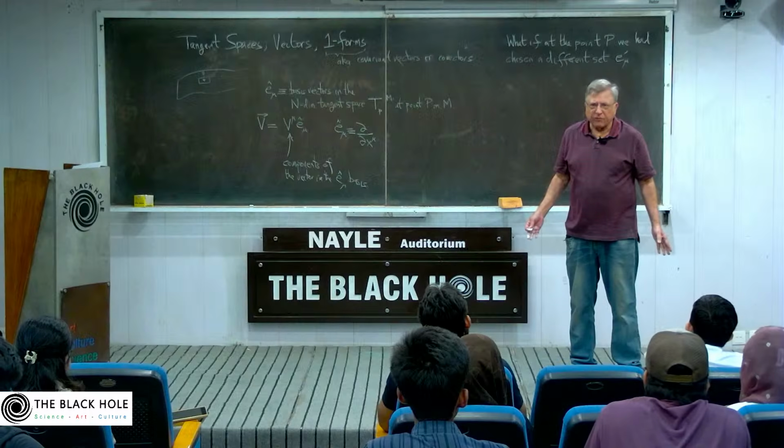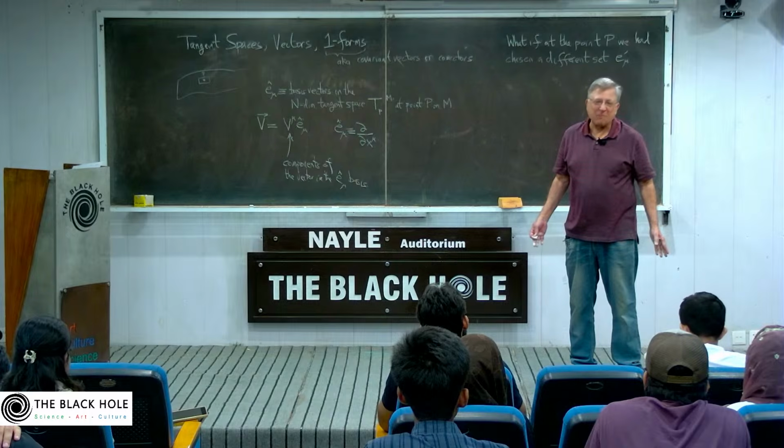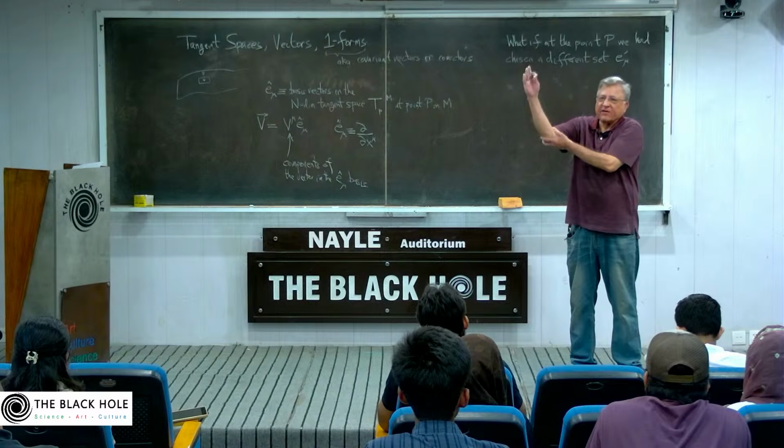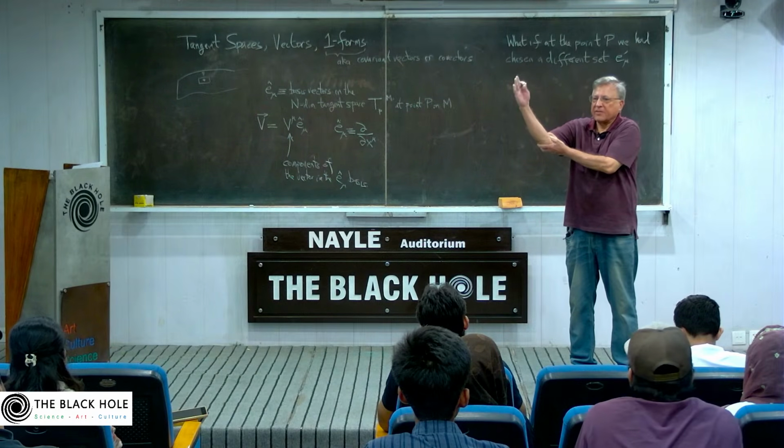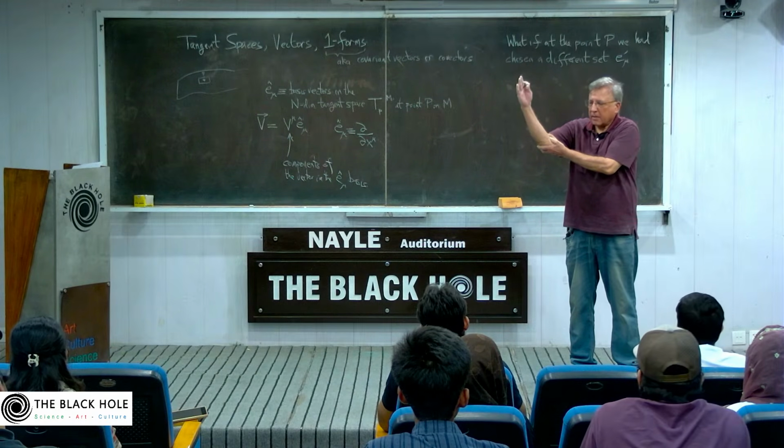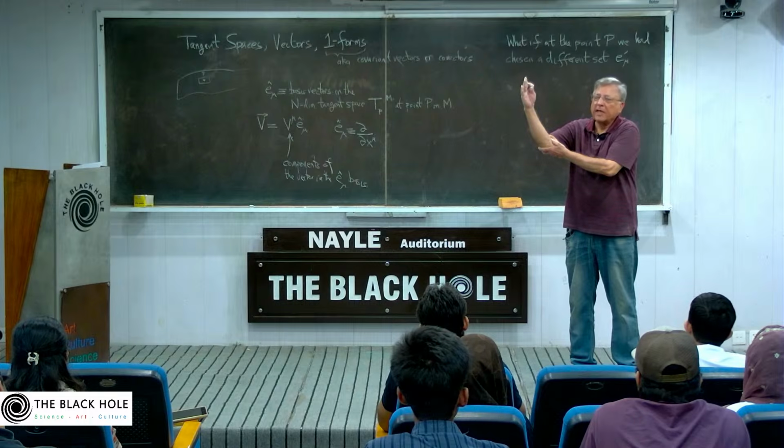Now, actually, a vector is a vector. It doesn't matter how you describe it. I think of a vector always as something here. One of you might say that this has components 1 and 2.